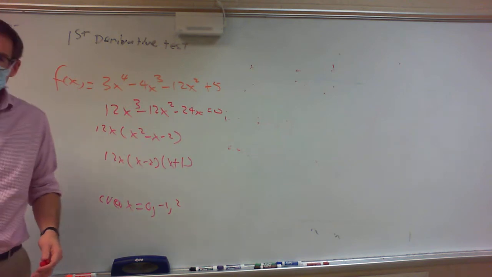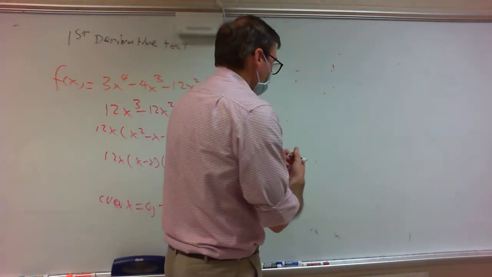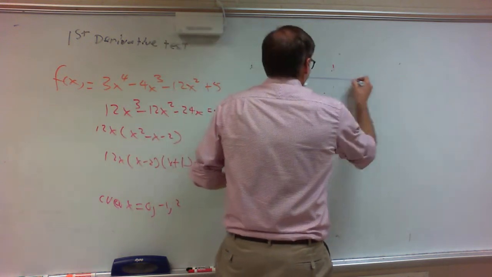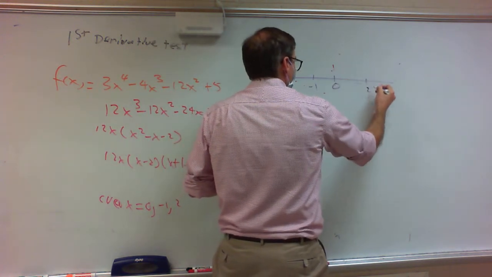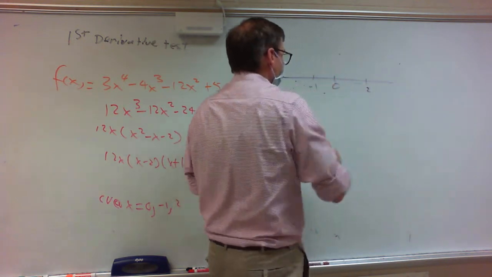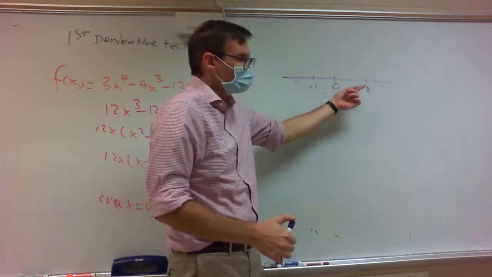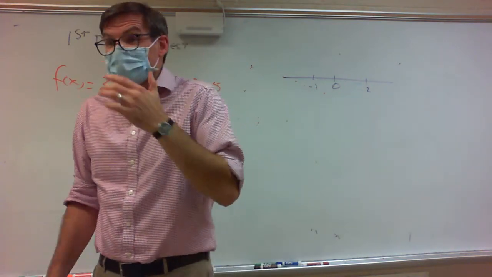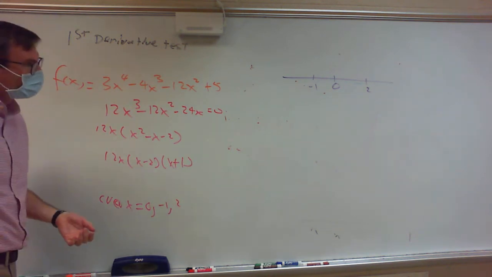Now with my critical values, I'm going to do my first derivative chart. I draw a number line and make sure I put everything in the right spot. Now my number line is divided into 4 intervals. We've got to check to find out what the intervals are doing.